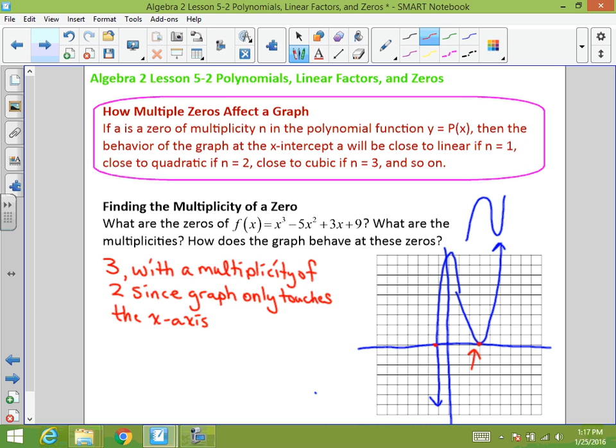And then turns around. My other zero is at -1 with a multiplicity of 1, since it crosses the x-axis.